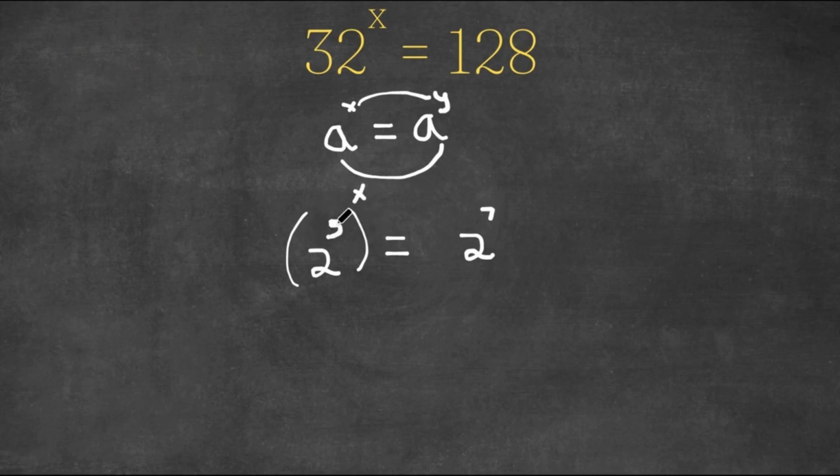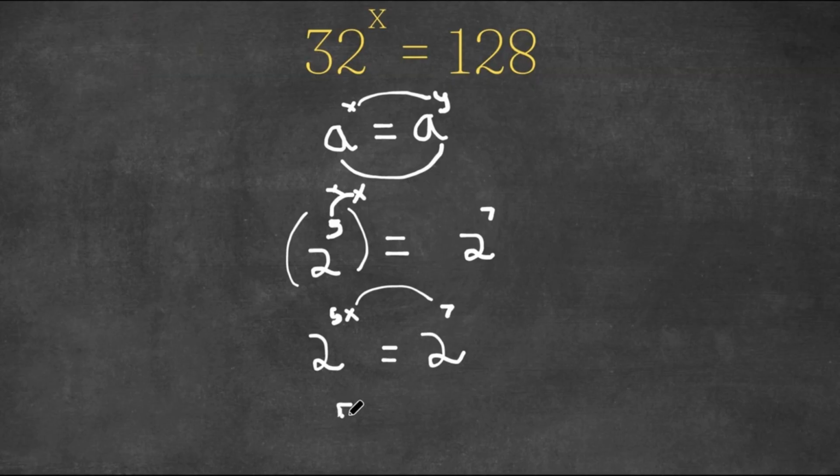Now, when we have something like this, we multiply the exponents, because 2 to the power of 5 to the power of x is the same thing as 2 to the power of 5 times x. And 5 times x is 2 to the power of 5x. And this equals 2 to the power of 7 still. And now, as you can see, our bases are the same, so that means our exponents are the same as well.